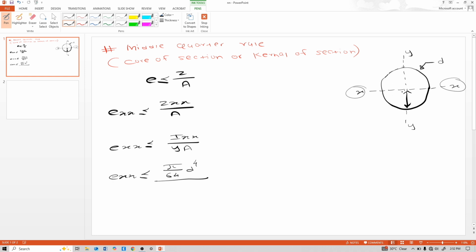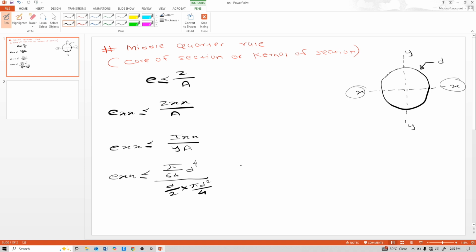So the diameter is small d, so that means this is d by 2, so this is y. And the area of the circle is pi d square by 4.